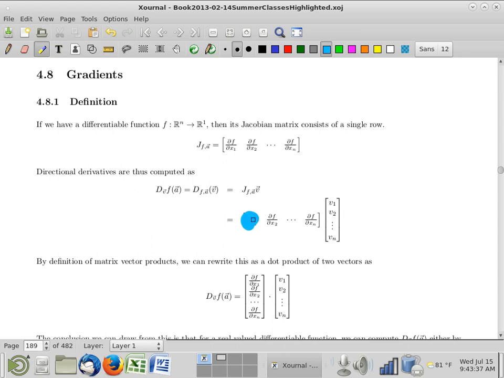Said differently, it's that times that plus that times that, etc., plus that times that. Multiply and add corresponding components. And I'm just going to rewrite that as an actual dot product: that times that plus that times that, etc., plus that times that.